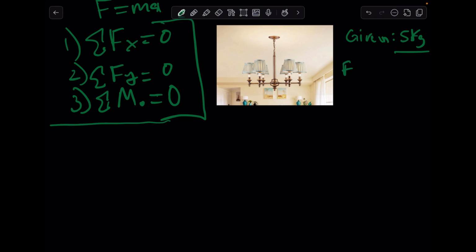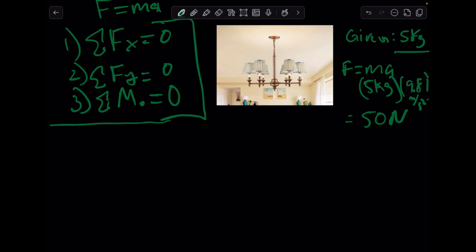Force would equal our mass times acceleration. In this case, 5 kg times 9.81 meters per second squared will give us approximately, for the sake of this example, 50 newtons.